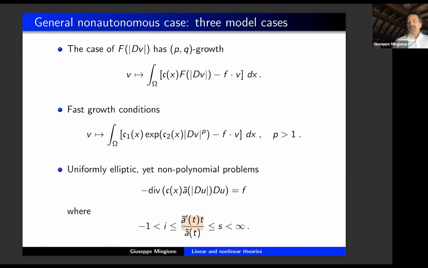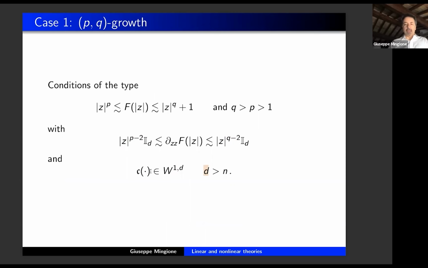And what happens here is that in the first case, you describe the lower and higher eigenvalue, and you require that c belongs to this W^{1,d} space. So it's a Sobolev coefficient. Sobolev coefficients are very well considered in the literature, and this implies that d is larger than n, so therefore c is Hölder continuous, as it must be to get Lipschitz continuity at least.